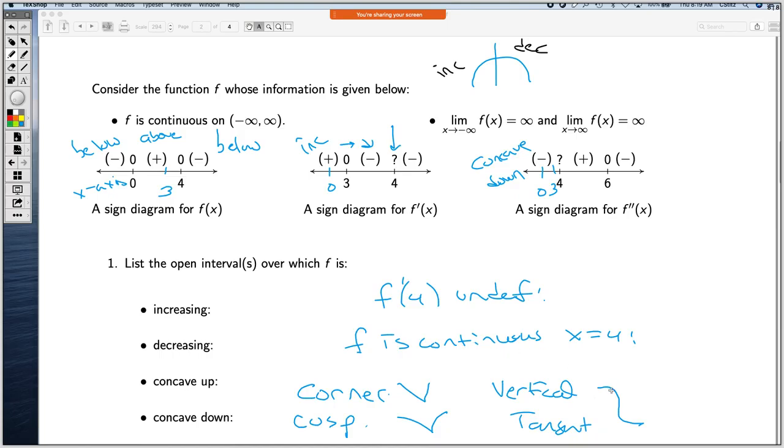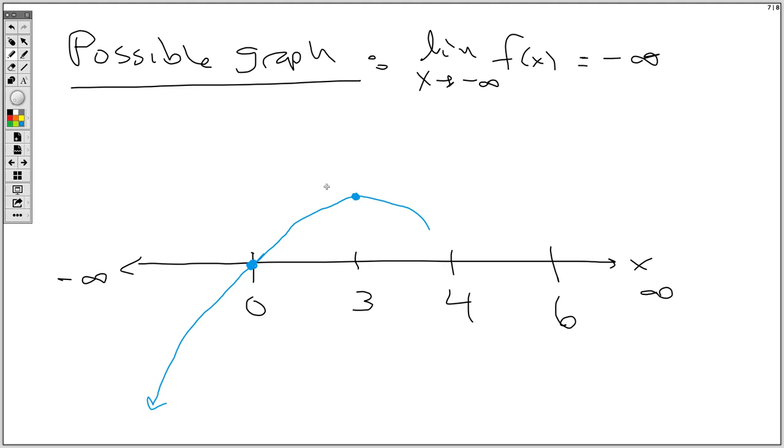Now notice when you have a vertical tangent, the concavity is going to change because it has to get vertical and then on the other side. So notice that's also incorporated here. So it looks like vertical tangent is what's happening at 4. So we got to come in and make it look like a vertical tangent.